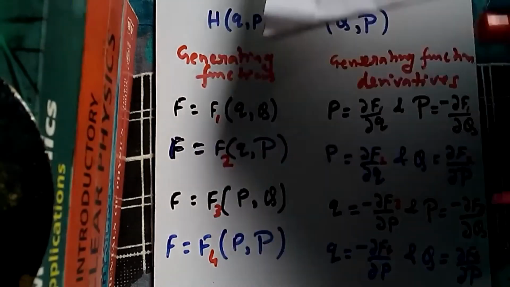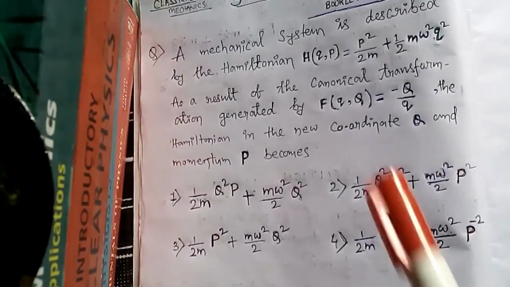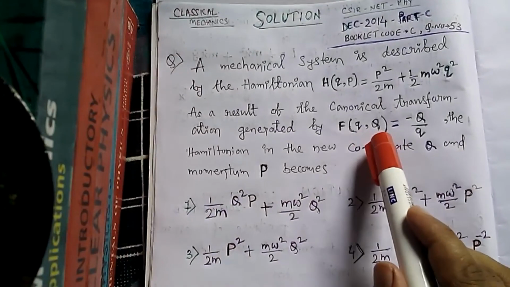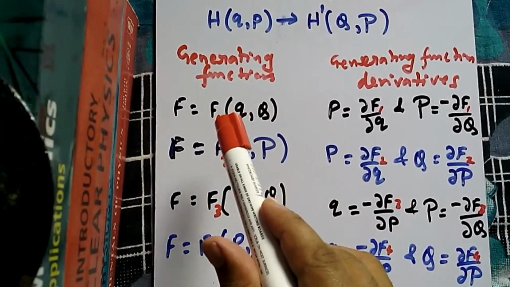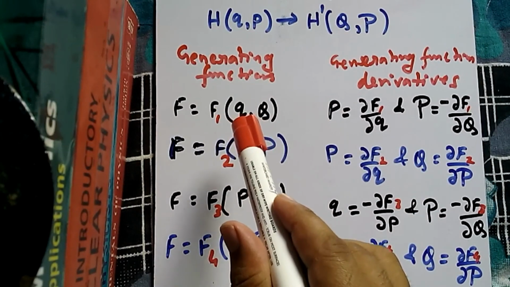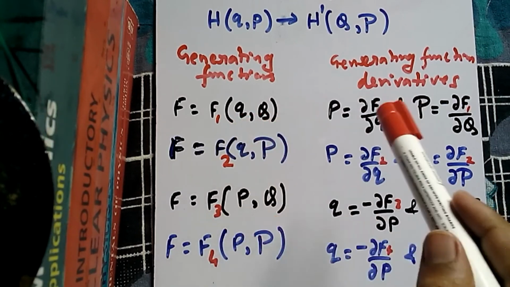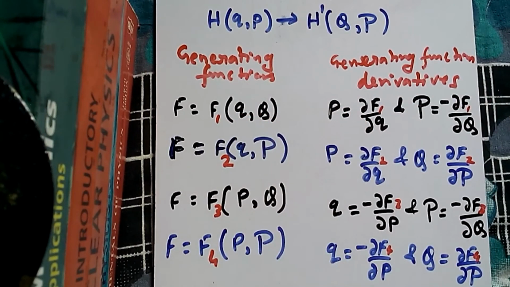So in our problem, the generating function is a function of small q and capital Q, and we will see that this matches with this. We will be using these two formulas and find out the relations between the old coordinates and momenta with the new coordinates and momenta and substitute them in the old Hamiltonian. So let us see it.